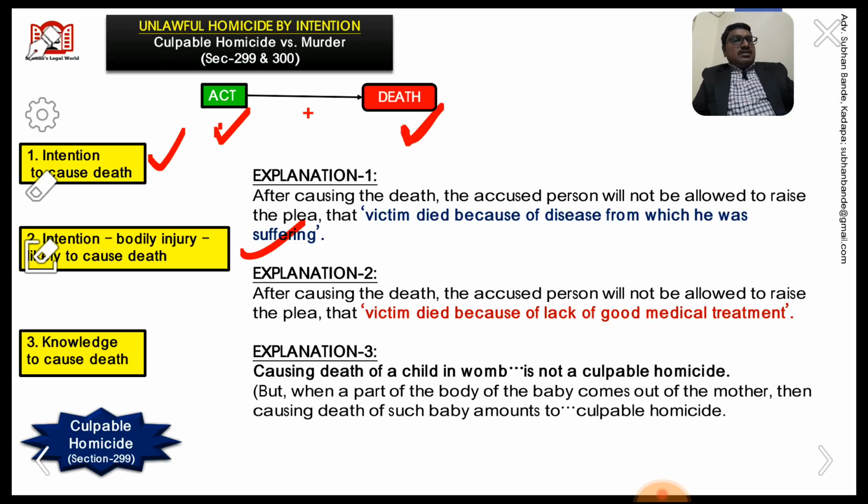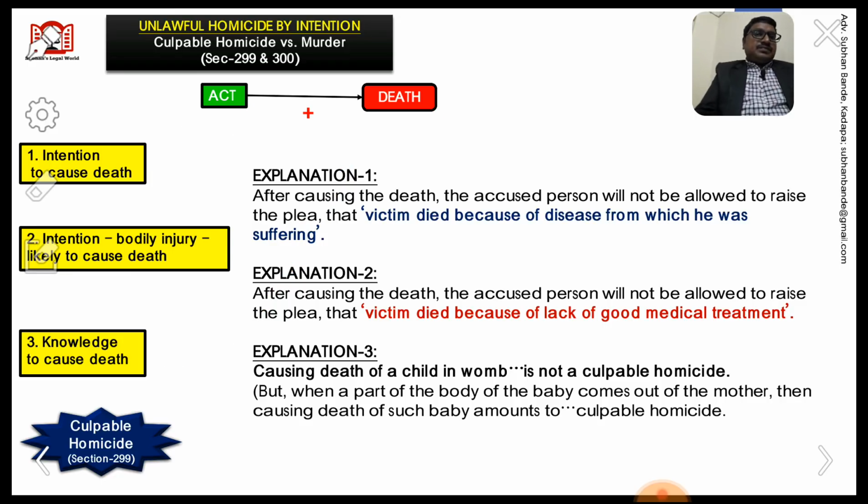A person is doing an act that results in the death. At the time of doing such an act, the accused has knowledge to cause death. This is the third kind of culpable homicide.